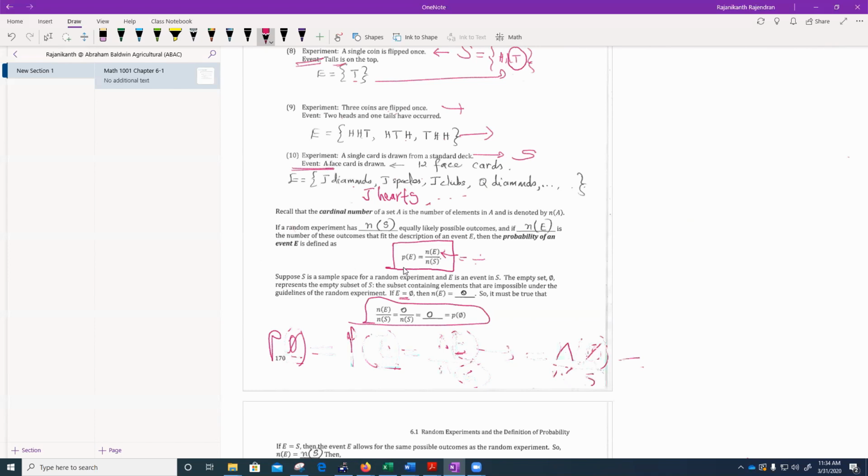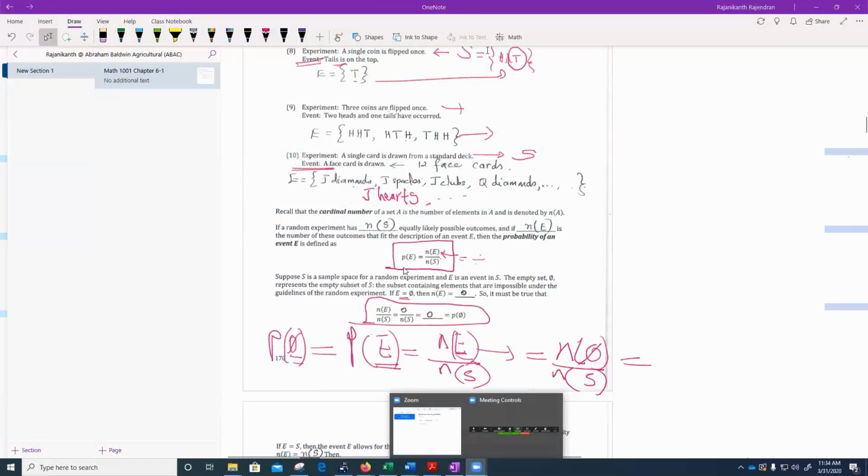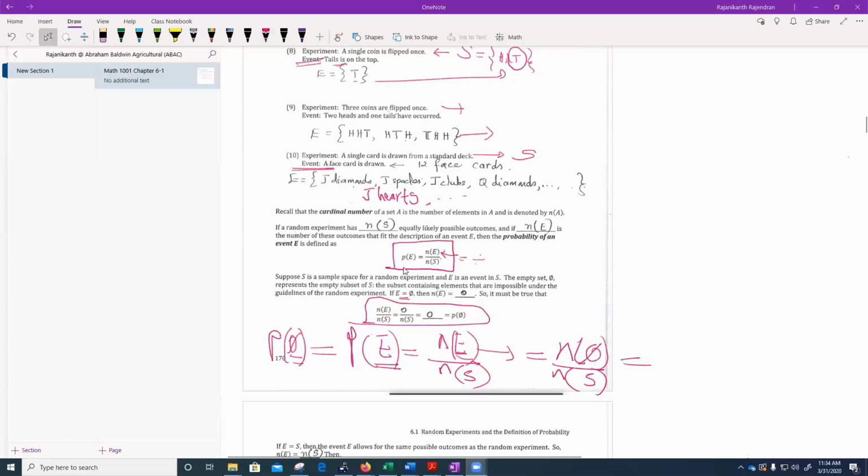Now let's see who is telling. What is n of empty? One of you can tell me the answer. What is the cardinal number of the empty set? Nothing.